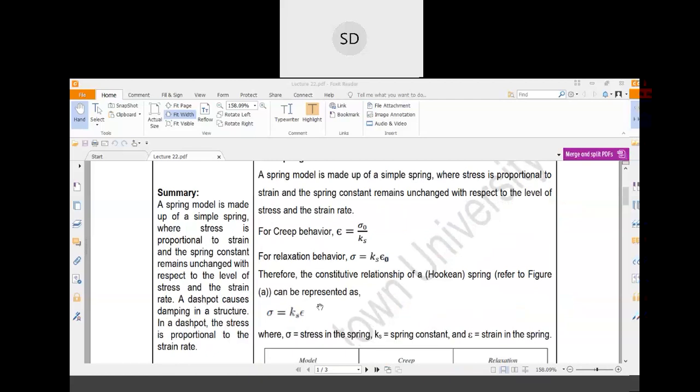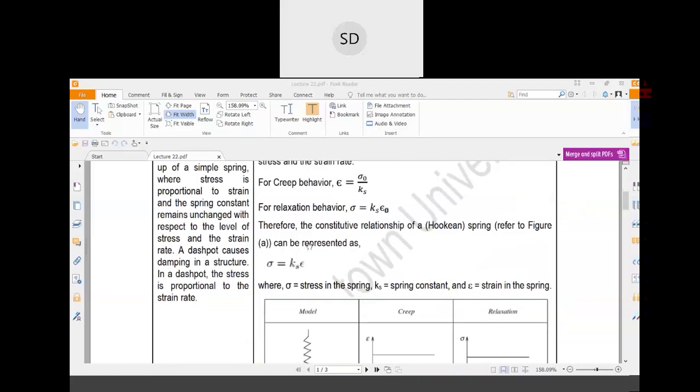Therefore the constitutive relationship of a Hookean spring, that is, a spring which obeys Hooke's law. What is Hooke's law? Hooke's law says that within the elastic range, stress is proportional to strain.